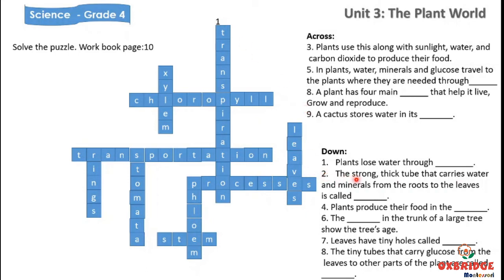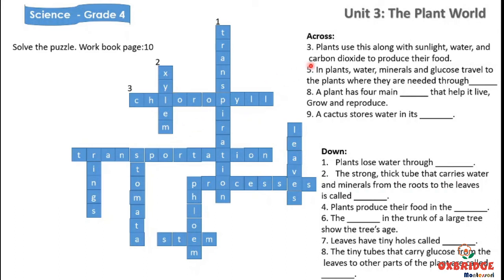Number 2: the strong thick tube that carries water and minerals from the roots to the leaves is called xylem.